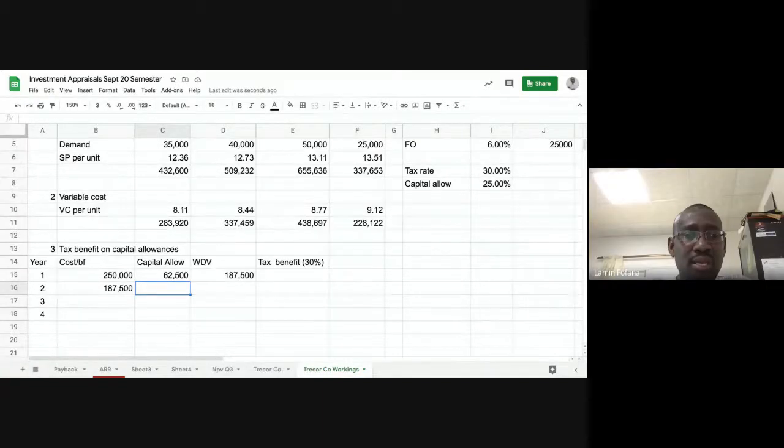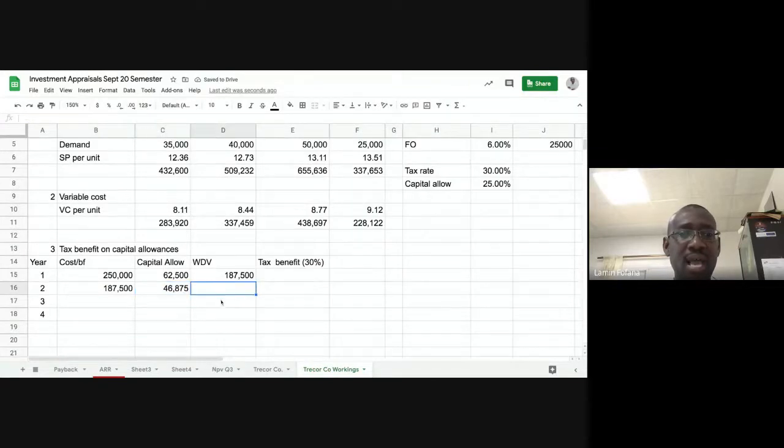So we say equals this multiplied by the 25%. Let's make the 25% absolute, and we enter.